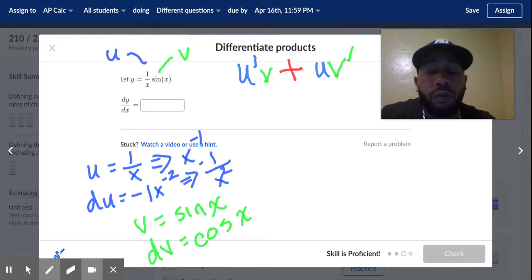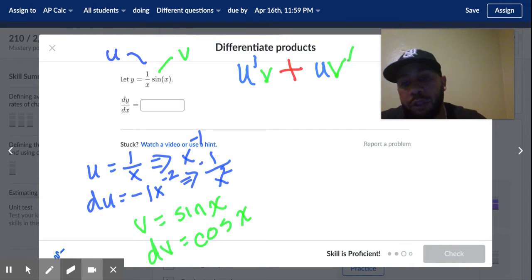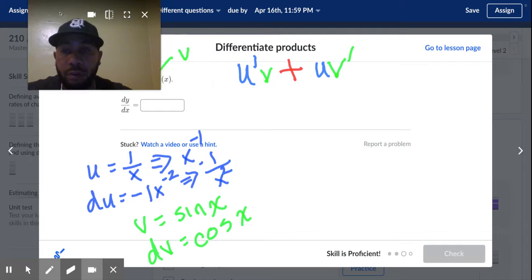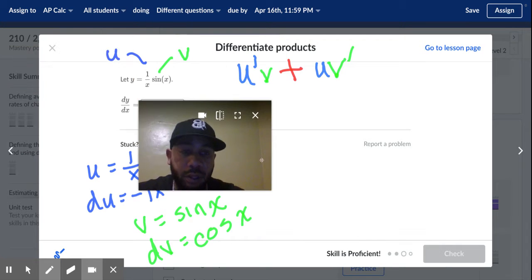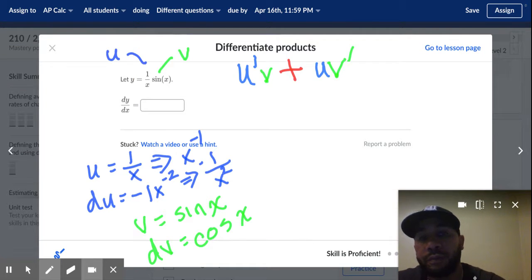So then what we want to do from there is just plug it in. Let me go ahead and move my camera over here, get it out of the way. So I know the derivative of the first.